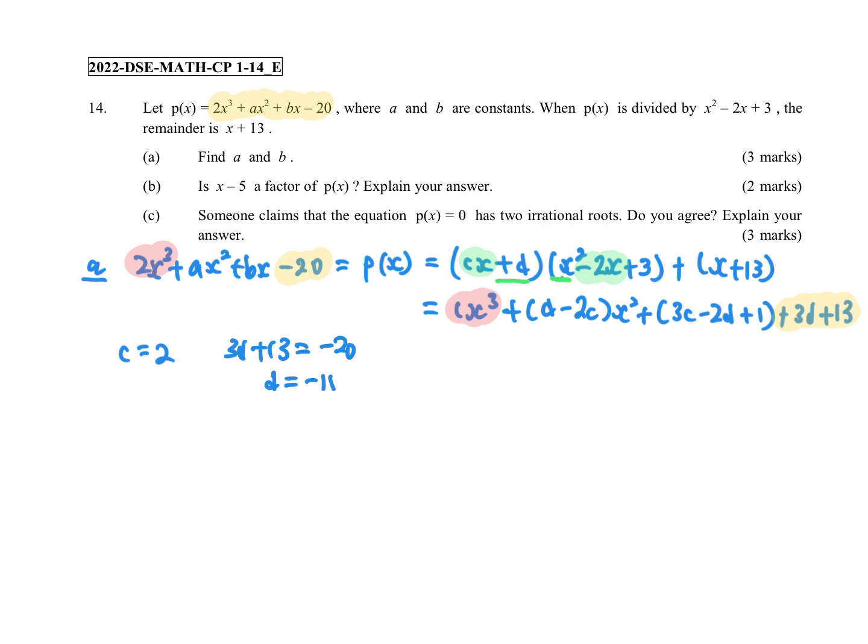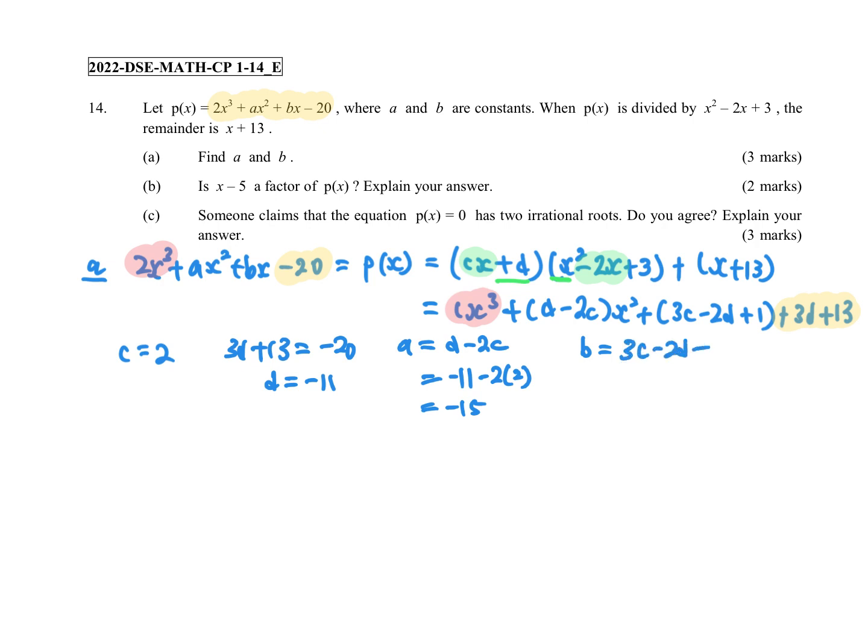After that, we can find a and b. So a equals d minus 2c. With the substitution, negative 11 minus 2 times 2, so a equals negative 15. Then b equals 3c minus 2d plus 1.